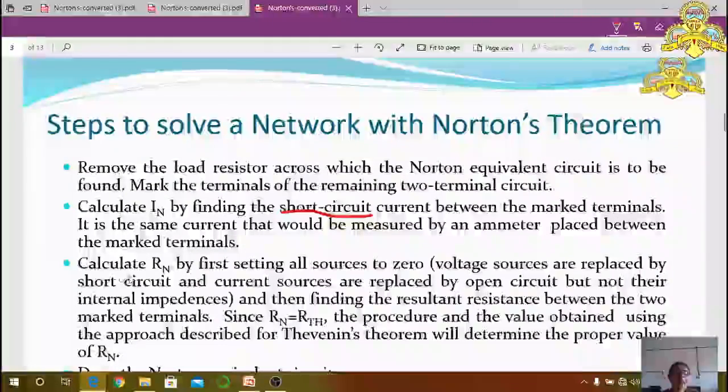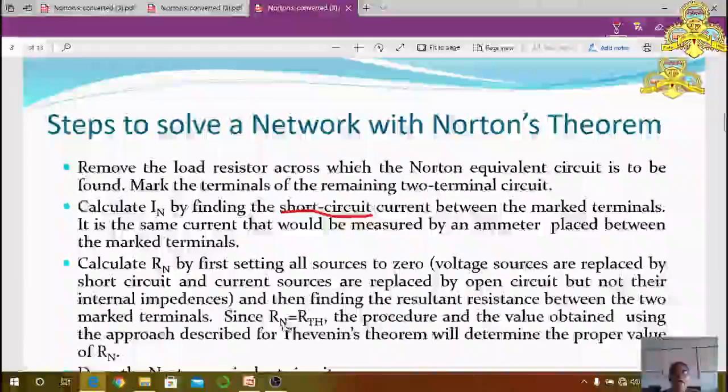And the third point is to calculate the resistor Rn by first setting all the sources to 0. You already know that a voltage source becomes 0 by short circuit and a current source becomes 0 by open circuit, but not their internal impedances. Then find the resultant resistance between the two marked terminals.